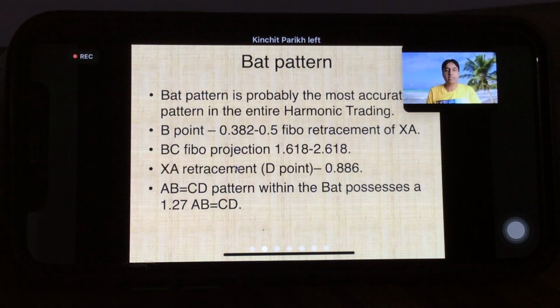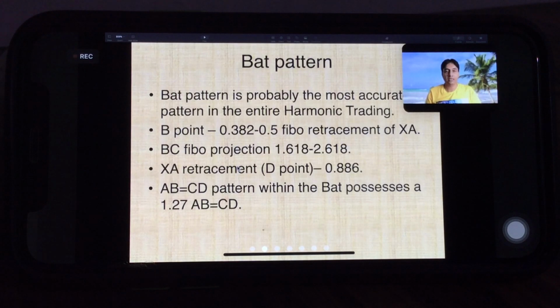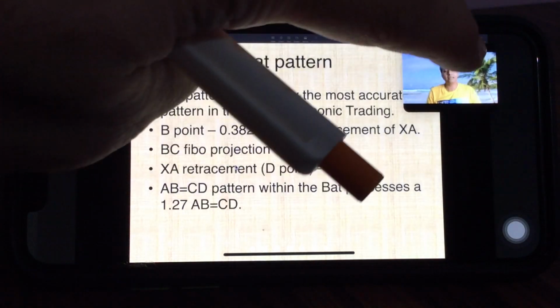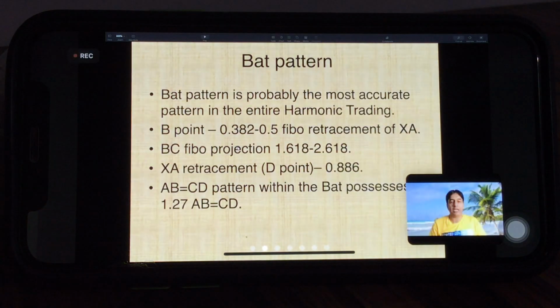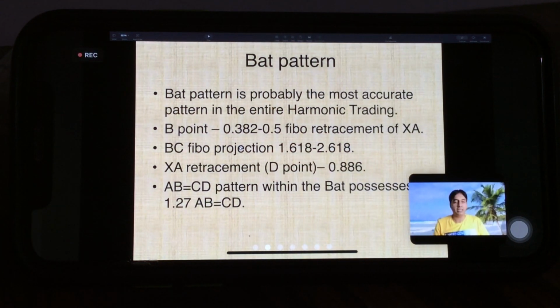So we will start with the bat pattern because it is the most common pattern which we find, and it works beautifully. Similarly, we can use other patterns also. The bat pattern is probably the most accurate pattern in all of harmonic trading. The B point can be at 0.382 or 0.5 Fibo retracement of X to A. BC Fibo projection will be 1.618 to 2.618.